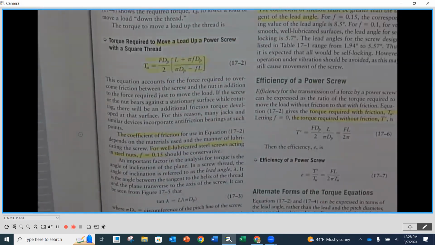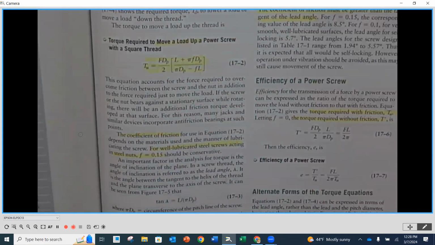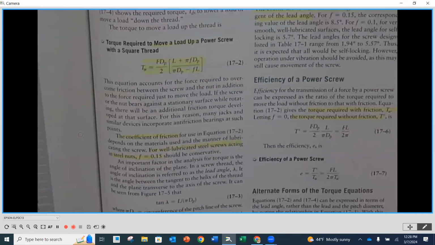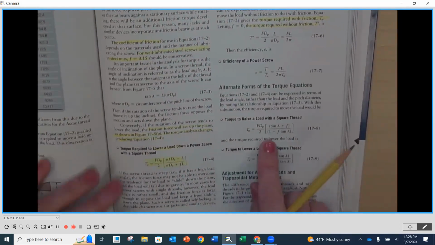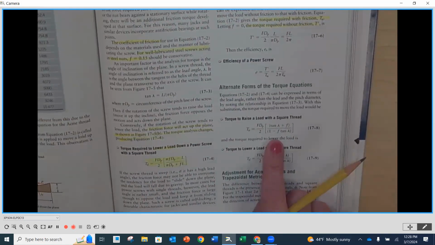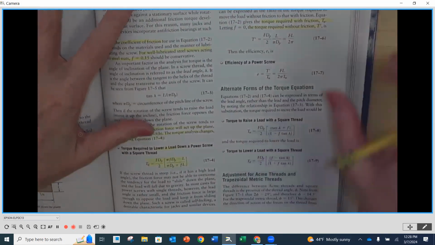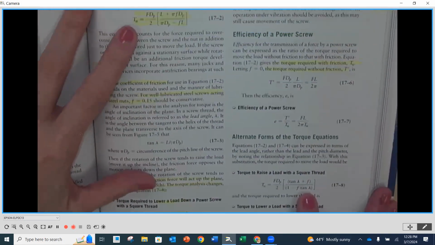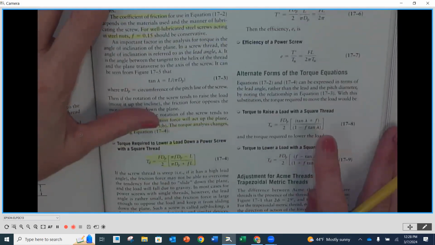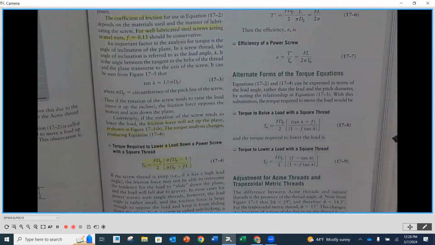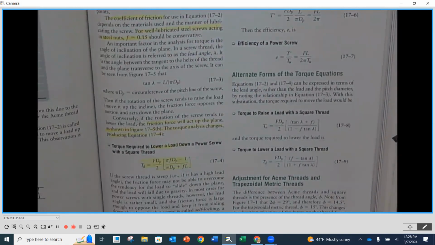There's another equation where we can find it based on the lead angle, and that's down here, equation 17.8. Depending on the information you have on your lead screw, if you know the pitch, use this top one. If you know the lead angle, you can use this one. Both give you the same answer, just with different variables depending on what you know.